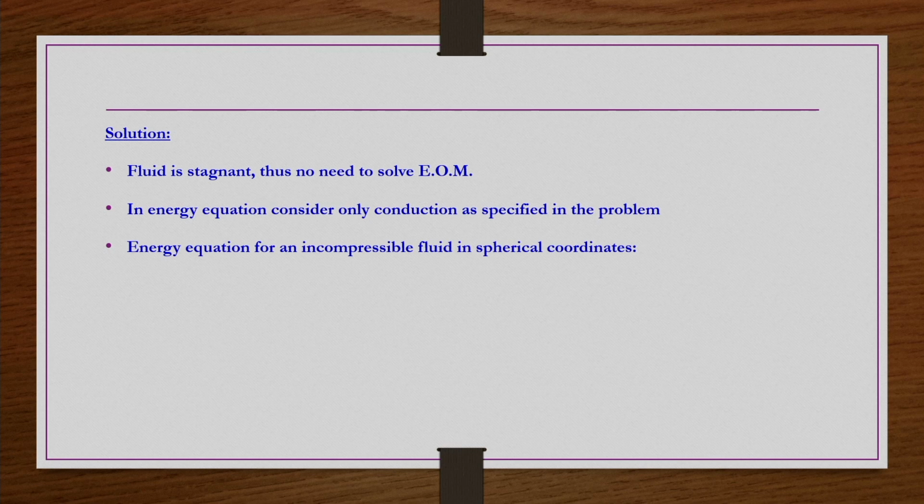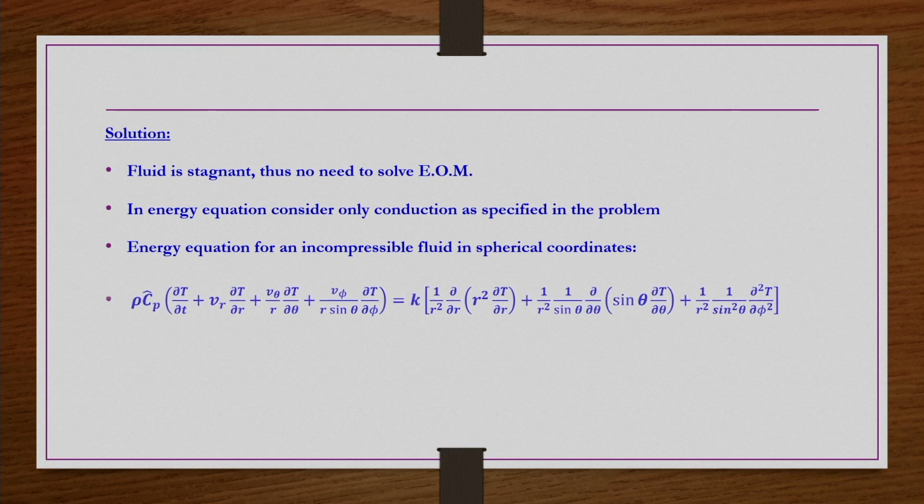So, that heat balance you can do and then get the required simplified energy equation for the temperature distribution. But we follow our normal convention whatever we have been following in this course, that is we simplify the energy equation. So, the energy equation in spherical coordinates is given here.